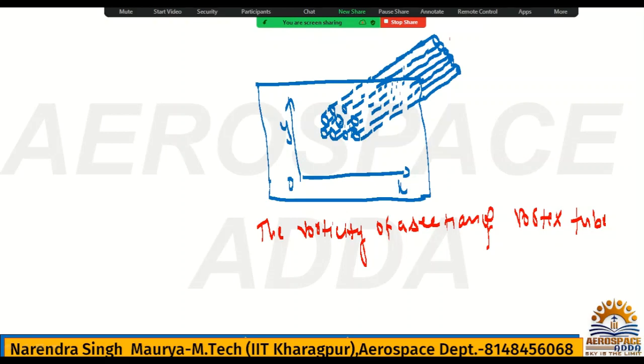Here the circulation is given as gamma. This is the circulation for one filament I am showing. Similarly for all the elements, obviously vorticity will be there, and circulation will be there.